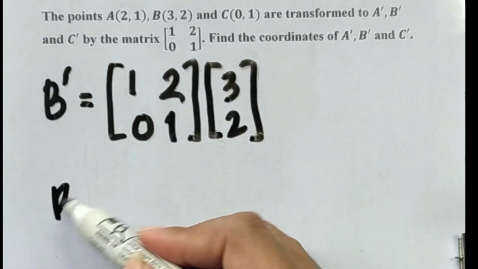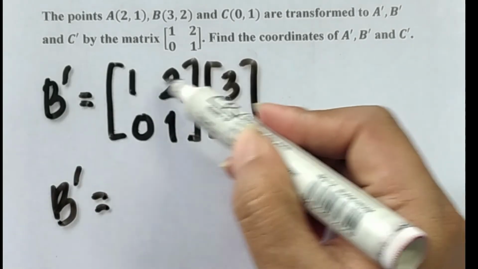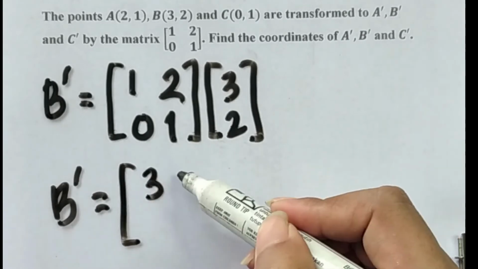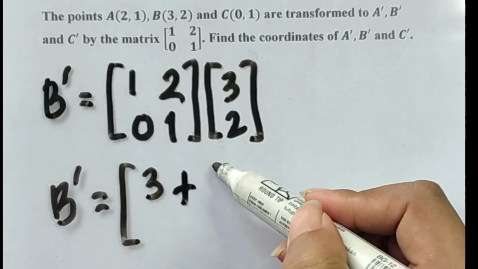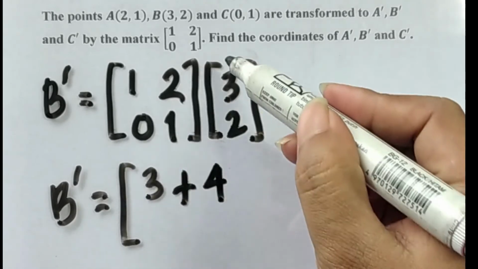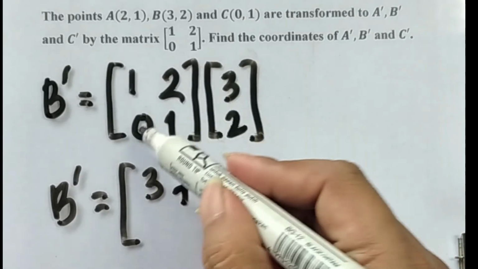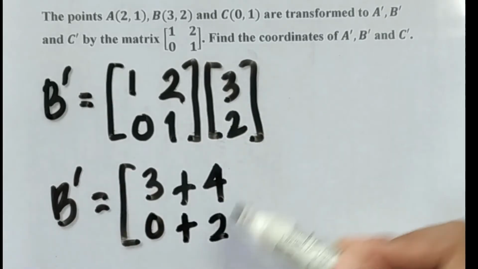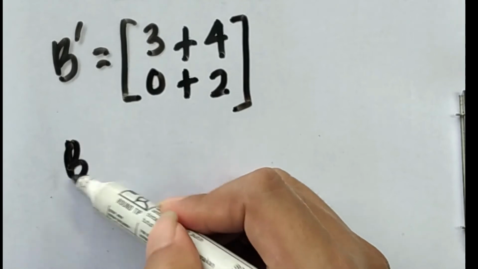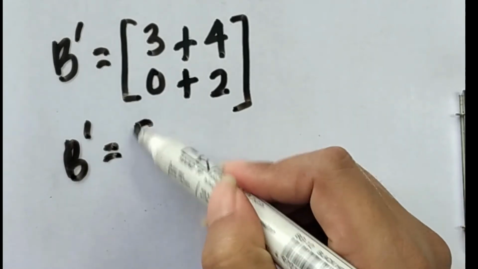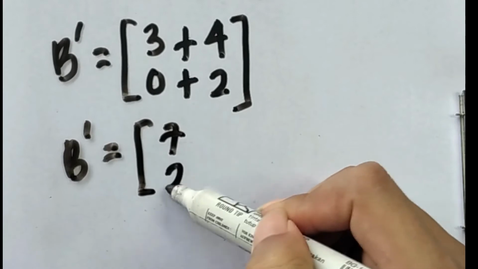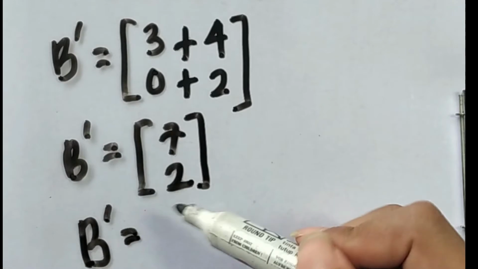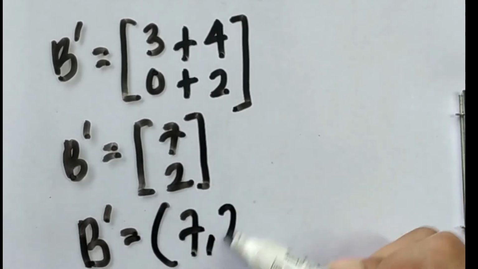So B accent equals row times column: 1 times 3 plus 2 times 2. And then this row times this column: 0 plus 1 times 2, 2. So B accent equals 7 and 2, which means the coordinate of B accent is 7, 2.